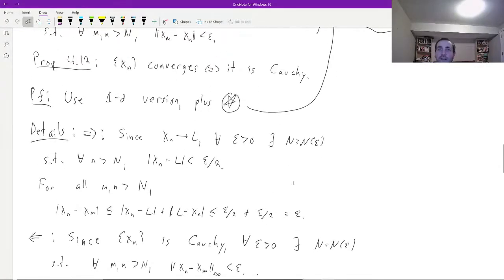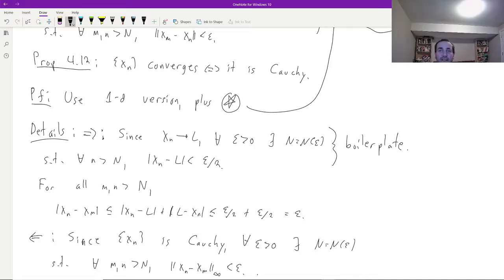So in the first direction, let's assume that x_n converges to L. So when that happens, for all epsilon greater than 0, there exists some N depending on epsilon, so that for all n bigger than capital N, the norm of x_n minus L is less than epsilon over 2. So this is, of course, just sort of the boilerplate in lots of our convergence theorems. Having gotten that out of the way, we do the calculation, and the calculation is a one-liner.